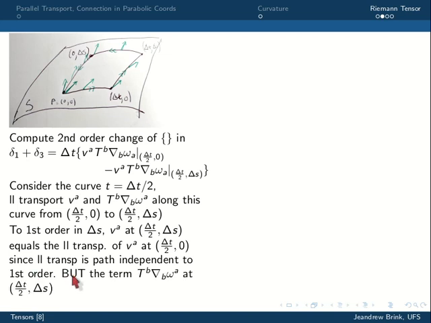But, okay, this term at delta T over 2, delta S will differ from the parallel transport, okay? So these two terms, V A is the same, but this guy over here is different whether you evaluate it over there or whether you evaluate it over there.